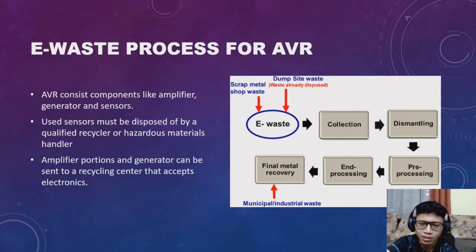First is the e-waste, which is the AVR, then collection, where all the broken AVRs are collected into one pile, then dismantling, where they dismantle the AVR, then pre-processing and end processing, and the last one is final metal recovery, where they create metal from the old AVR.